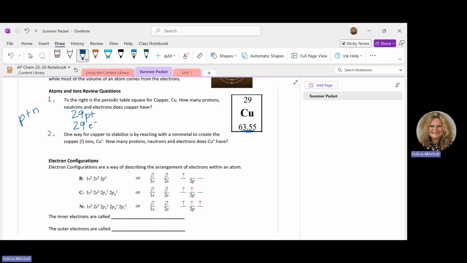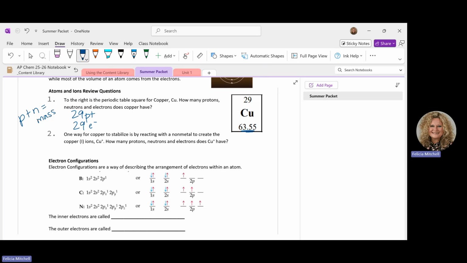It's not really a whole number. So you would take the mass on the periodic table, minus the number of protons, and that would be the number of neutrons, because the mass on the periodic table is protons plus neutrons. We're saying every proton has a mass of 1 and every neutron has a mass of 1. Of course, it's really 1.0 something.